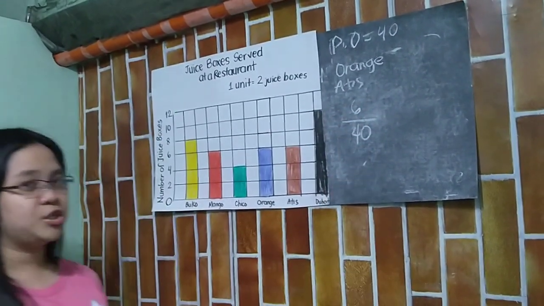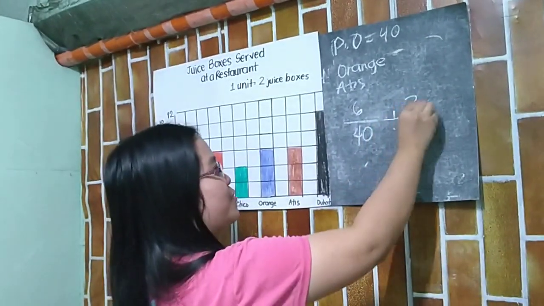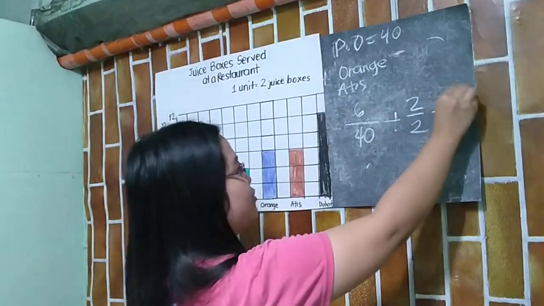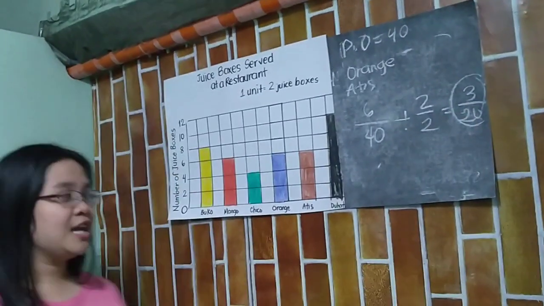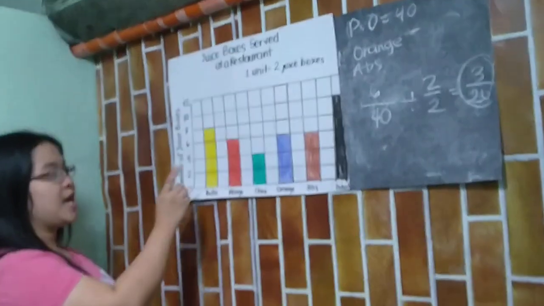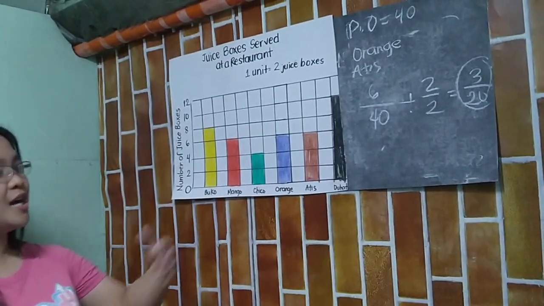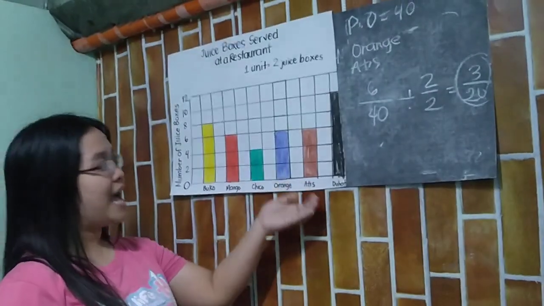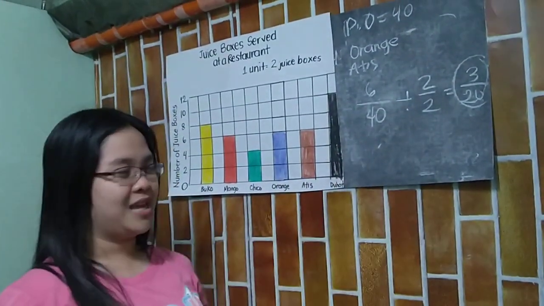Do you still remember the GCF of the two? Okay, it's 2. So divide both sides by 2. That will be 3 and 20. So same with the mango juice, the probability of serving an orange juice and an atis juice at a restaurant is 3 over 20.